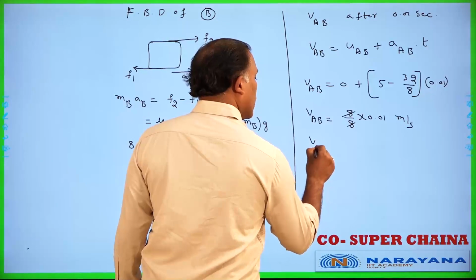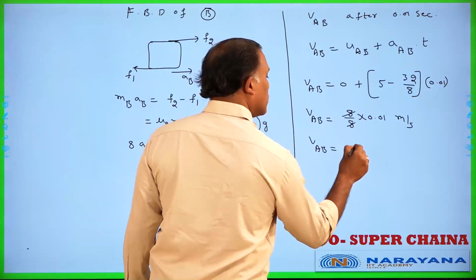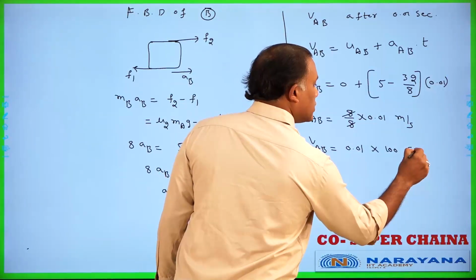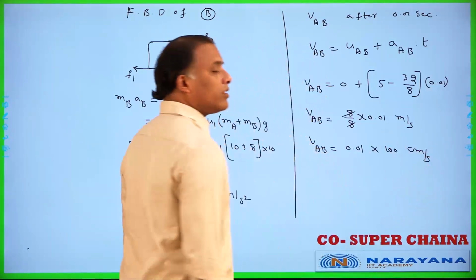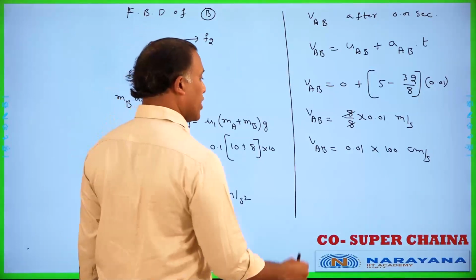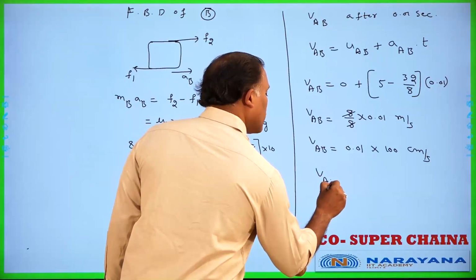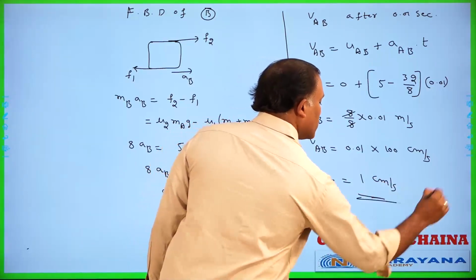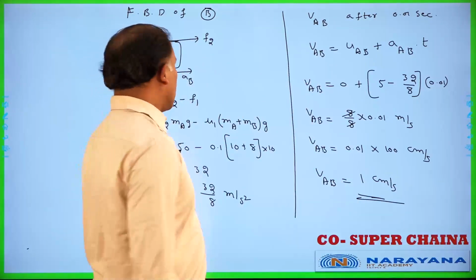Then velocity of A with respect to B is equal to 0.01 into 100 centimeters per second. He is asking the answer in centimeters per second. So velocity of A with respect to B is equal to 1 centimeter per second. Like this, we can solve this question.